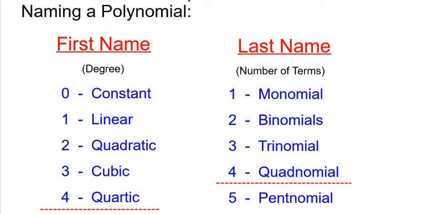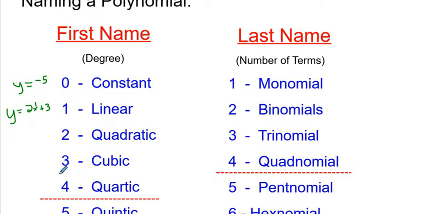A first degree polynomial, if you think about a linear equation, y is equal to 2x plus 3, the exponent is a 1. A constant would be something like y equals any number, so -5. A quadratic would have a square as the highest exponent. A cubic would have a 3. A quartic would have a 4.